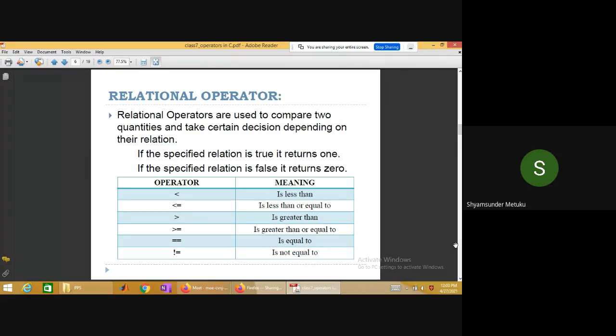The most common mistake every student makes is getting confused between single equal to and double equal to. Single equal to is used for assigning data from one variable to another variable. Double equal to is used for comparison. The last one is exclamation followed by equal to, which is called not equal to.